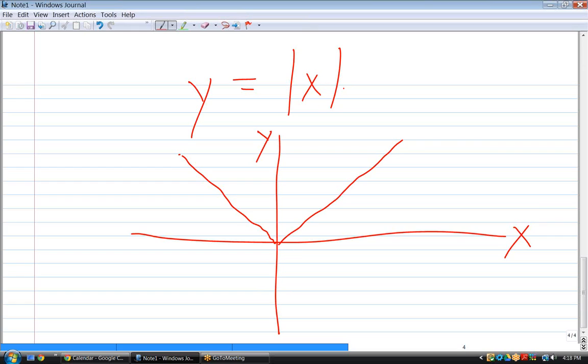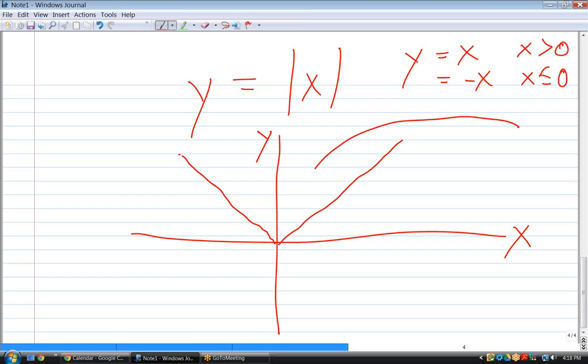Remember piecewise functions? Have we covered piecewise functions? I don't think so, it doesn't sound familiar. Piecewise function would be y equals x when x is greater than 0 and y equals negative x when x is less than or equal to 0. In other words, you have 2 functions actually.